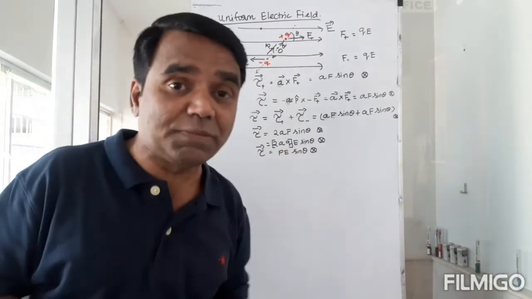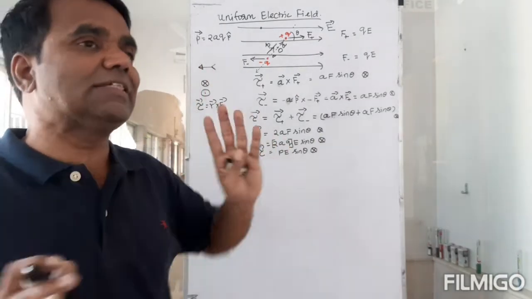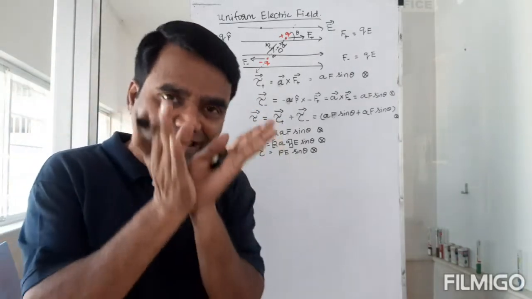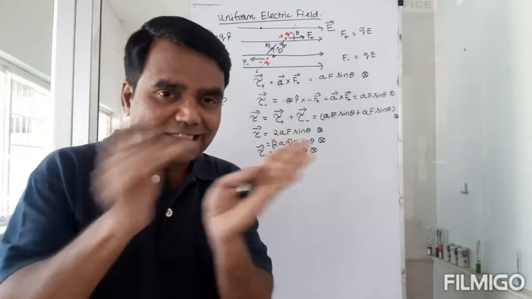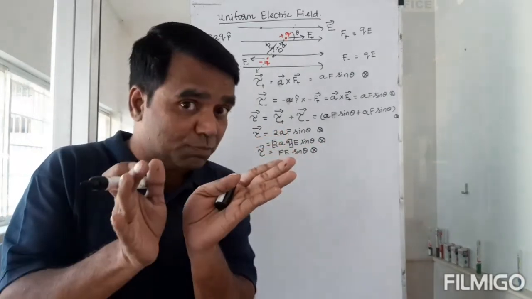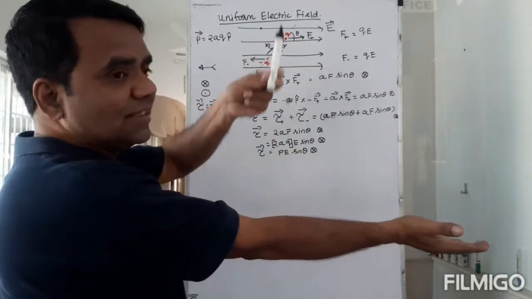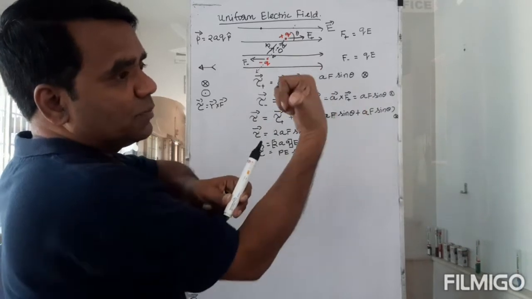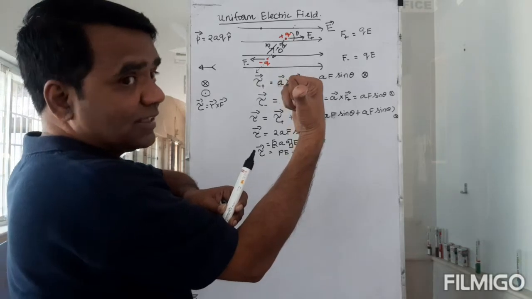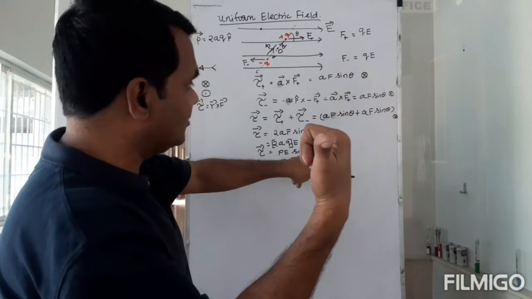But is it E cross P or P cross E? Let's say that it's E cross P. The sine theta would be the same, right? There is an E, there is a P. The theta would remain the same. But what happens if it is E cross P? E is in this direction, P is in this direction, E cross P is EP or PE sine theta. What is the direction? Notice, it's in this direction. Is that the right direction?